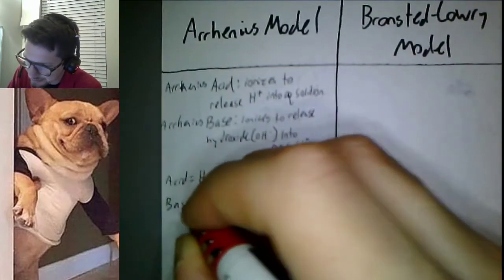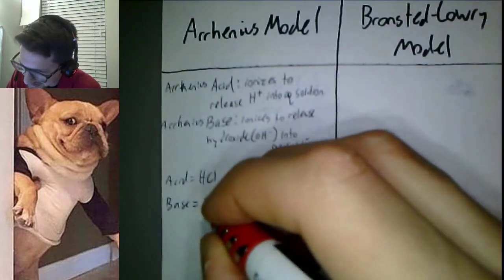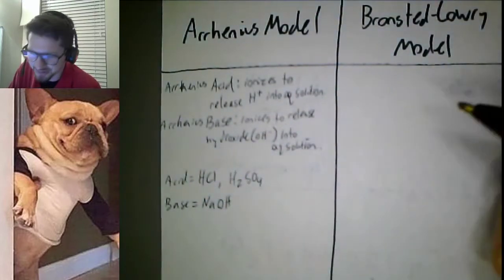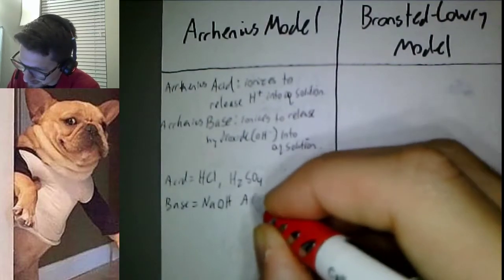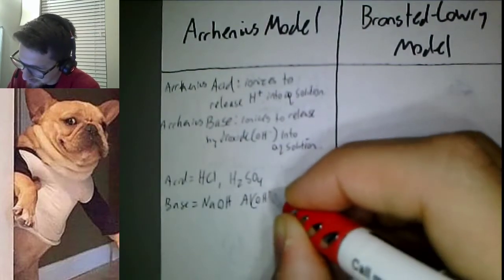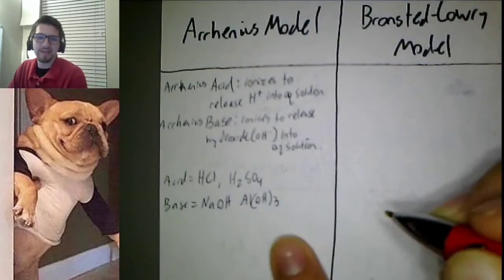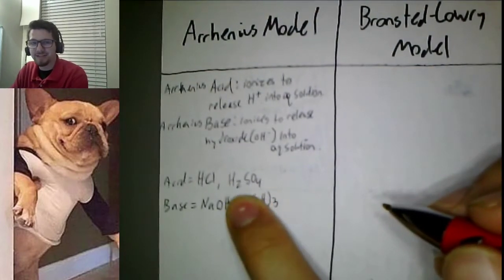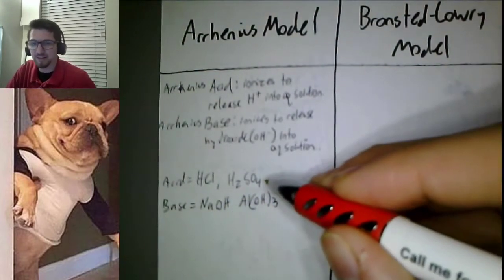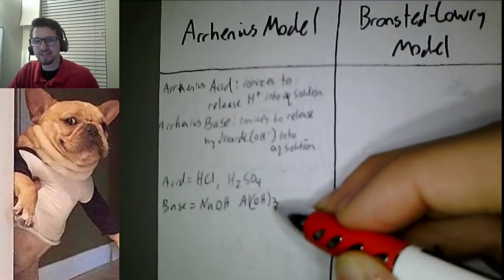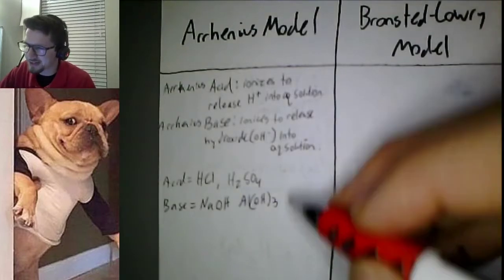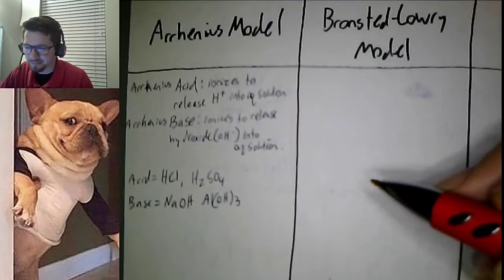And what he'd look at as a base would be something like NaOH, or maybe aluminum hydroxide, Al(OH)3. So it's pretty obvious to tell which one would be an acid for him and which one would be a base. If it loses a hydrogen, it's got one to spare. If it loses a hydroxide, it has one to spare. So that's the Arrhenius model.